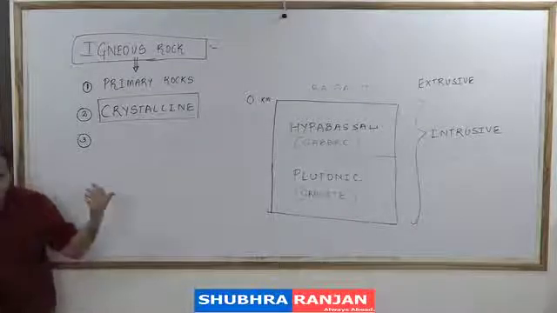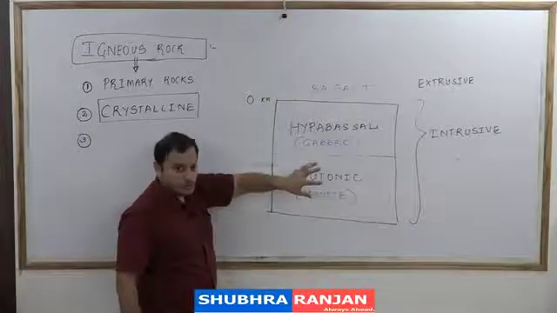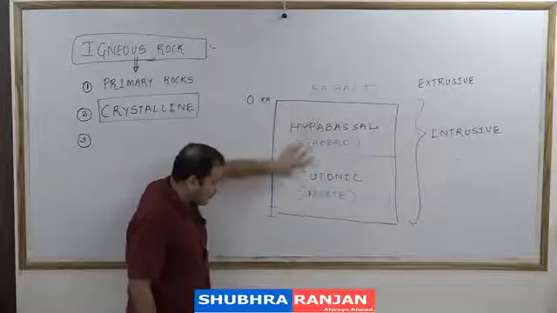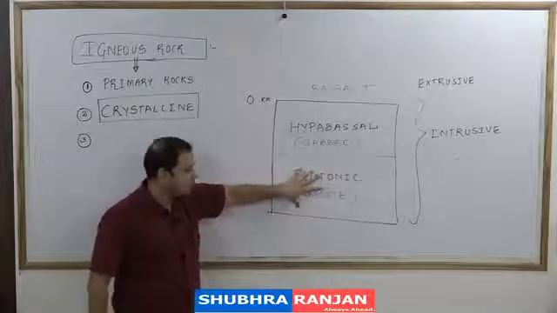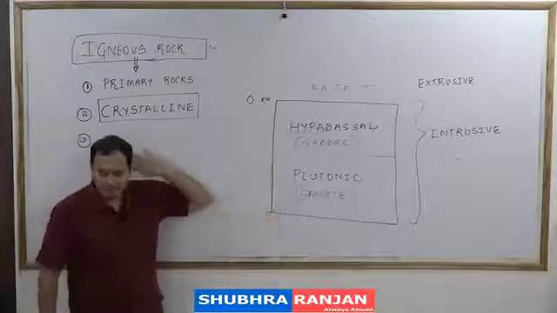So this is what I want to say. Extrusive is basalt. Intrusive is of two types. If it is near the surface, it is hypabasal. If it is very deep inside the earth, then it is known as plutonic. Example of this is gabbro, example is granite, example is basalt.